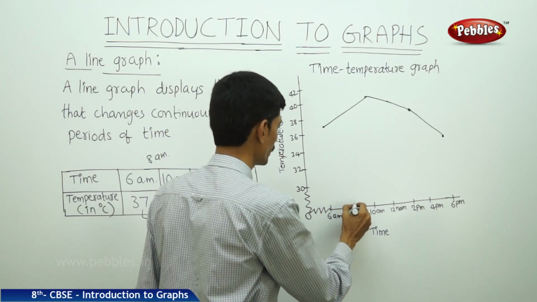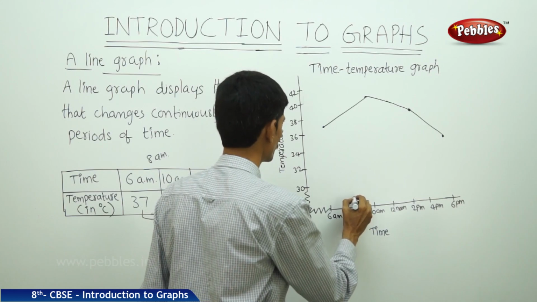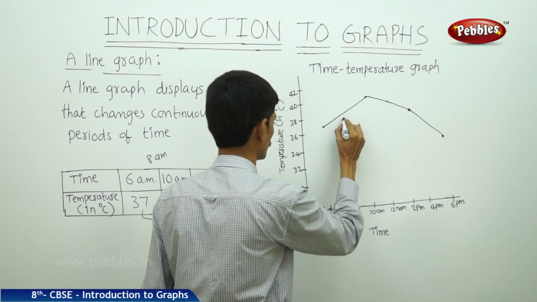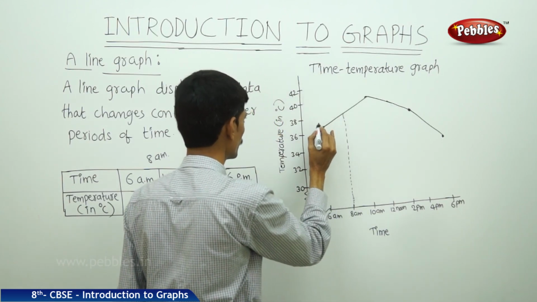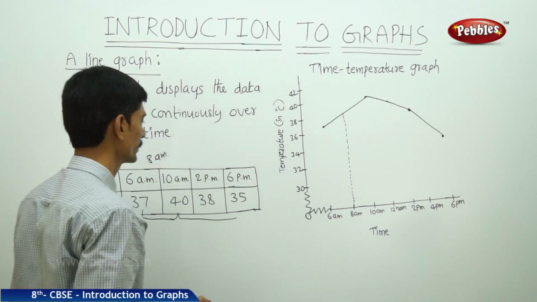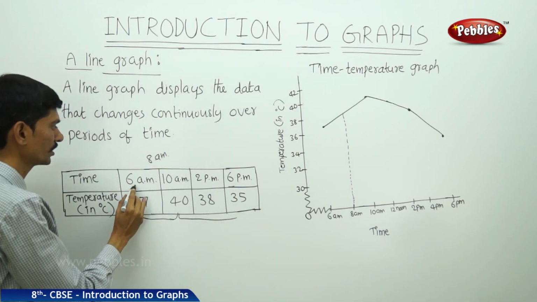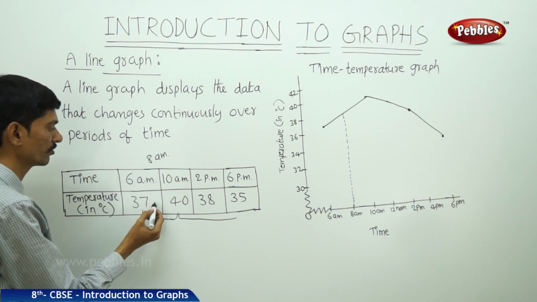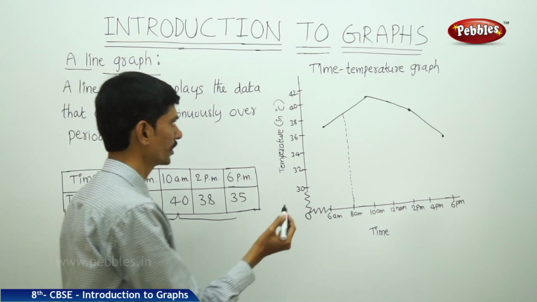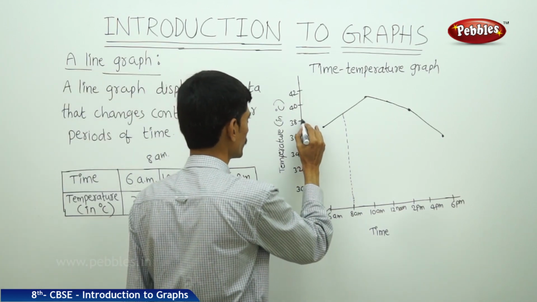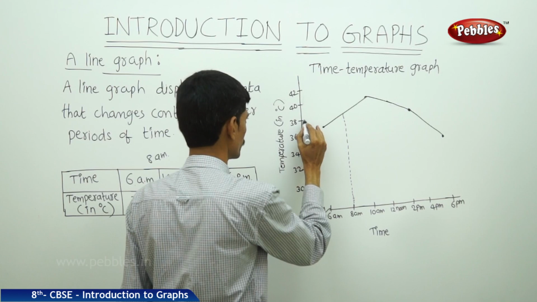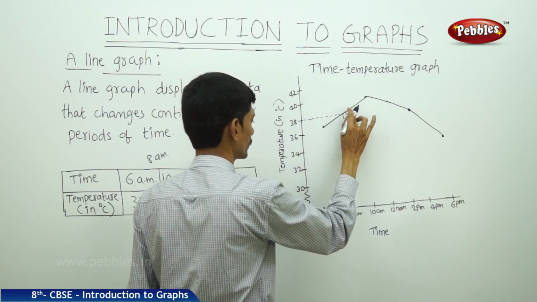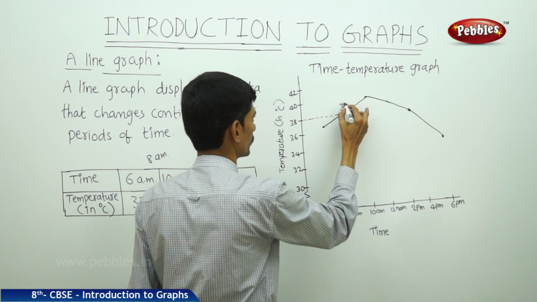If you draw a vertical line from 8 am, definitely it is more than 37, because from 6 am to 10 am the temperature was increasing. So at 8 am also the temperature will be more than 37. Approximately it may be 38 or 39. So we can say that the temperature at 8 am is 38 degrees centigrade.